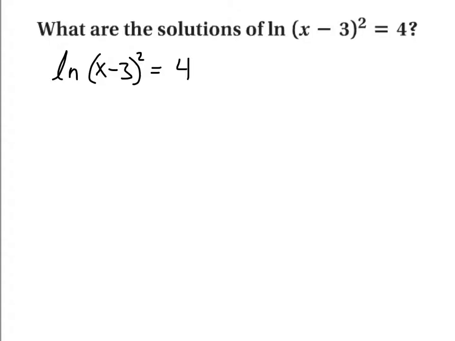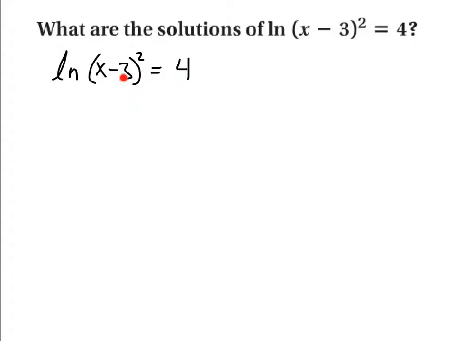So if I have a positive number squared, then yeah, I can take the 2 out in front. But do I know for sure that this x minus 3 is a positive number? No, I don't know for sure. Remember, I cannot take the natural log or any logarithm of a negative number. So if x minus 3 happens to be a negative number, can I still work this problem?